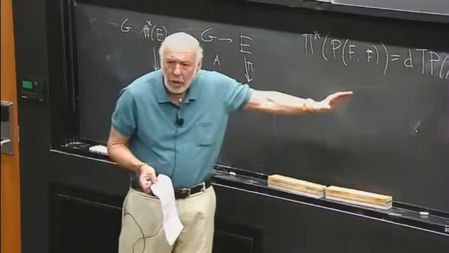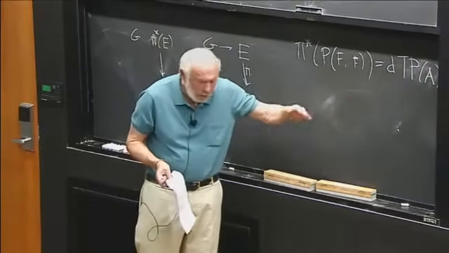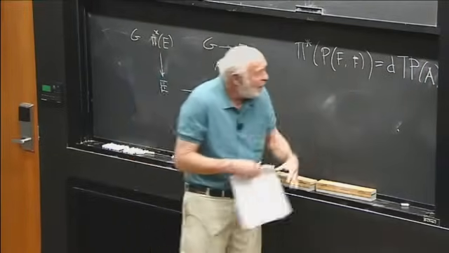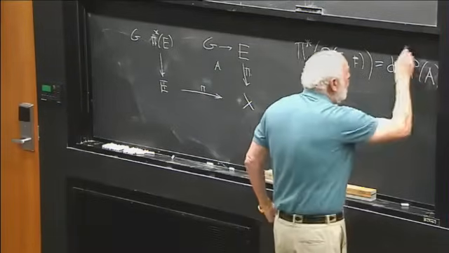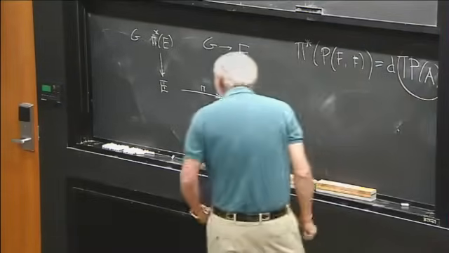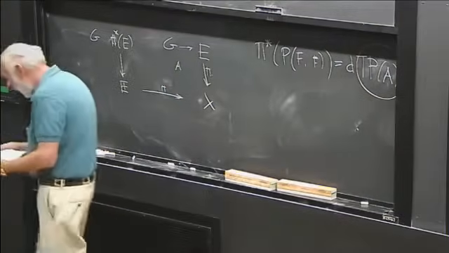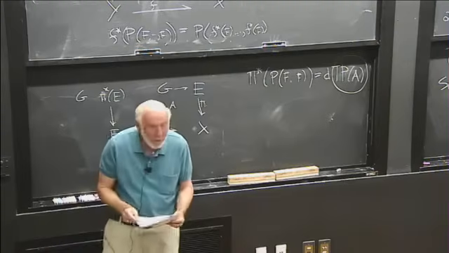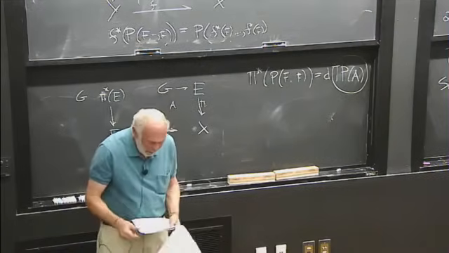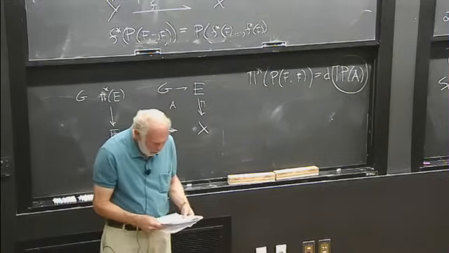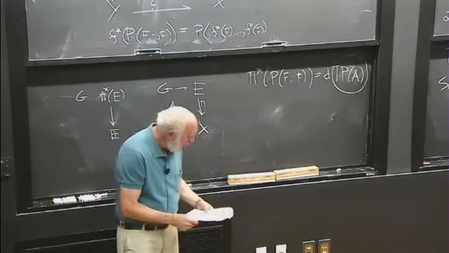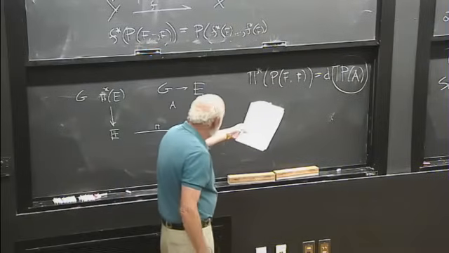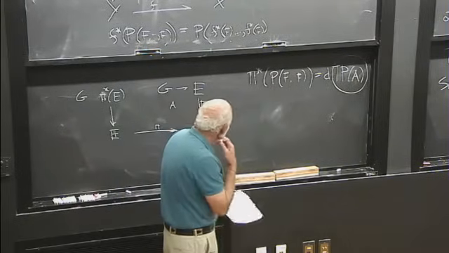So now it's these forms that are interesting, and I can write down the formula for this. In fact, I will, just so you can get a flavor of it.